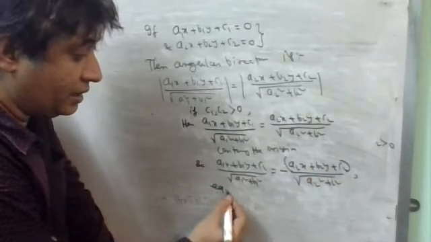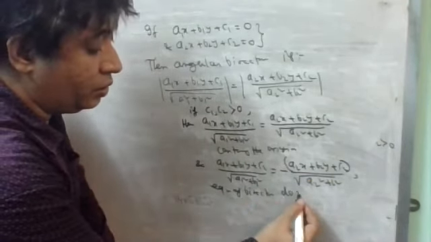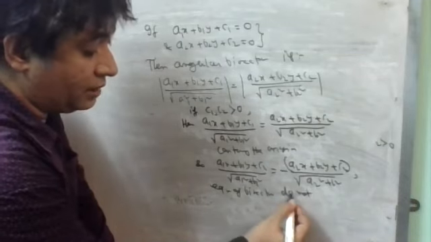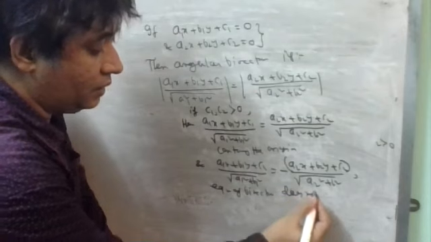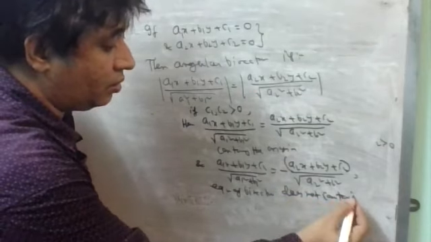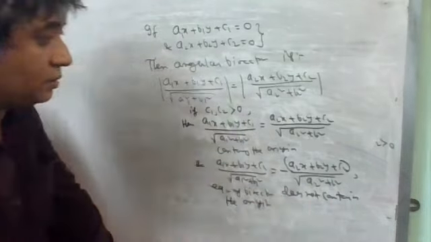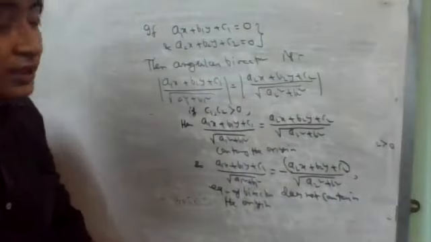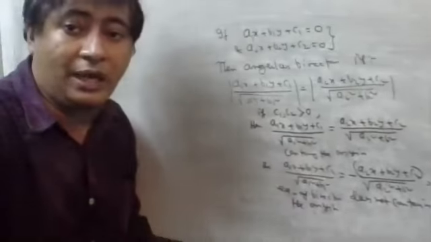This is the equation of the bisector that does not contain the origin. Okay, so this is one of the most important and conceptual parts of straight line.